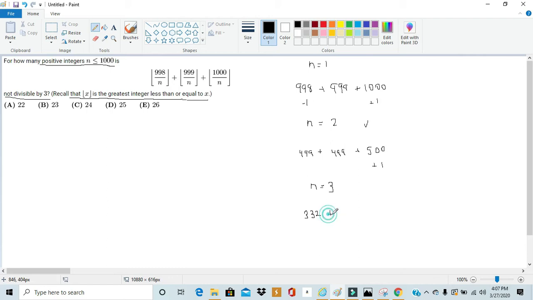999 divided by 3 will give us 333, and it's just clean, just like that. So we know that this is 333. And then 1000 divided by 3 will give us 333.333, which the floor function of that is just 333.